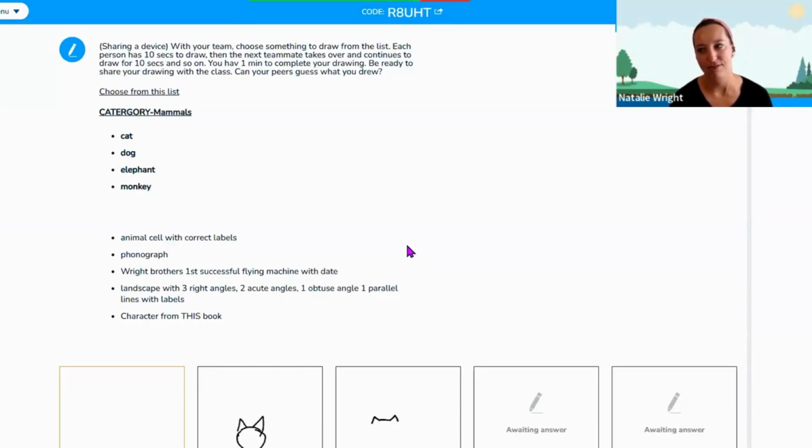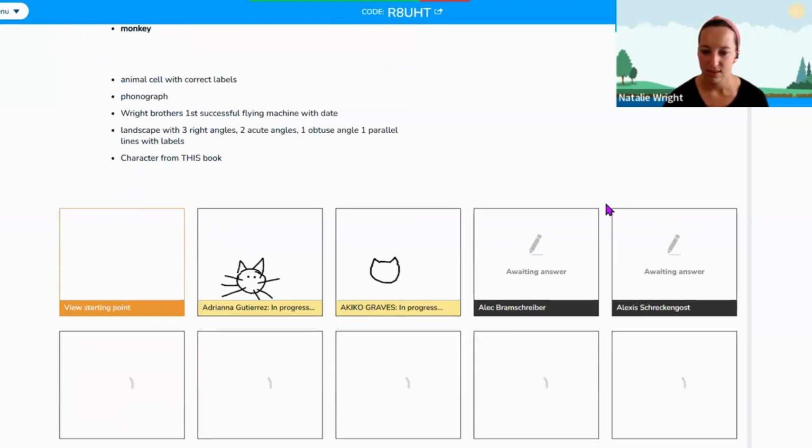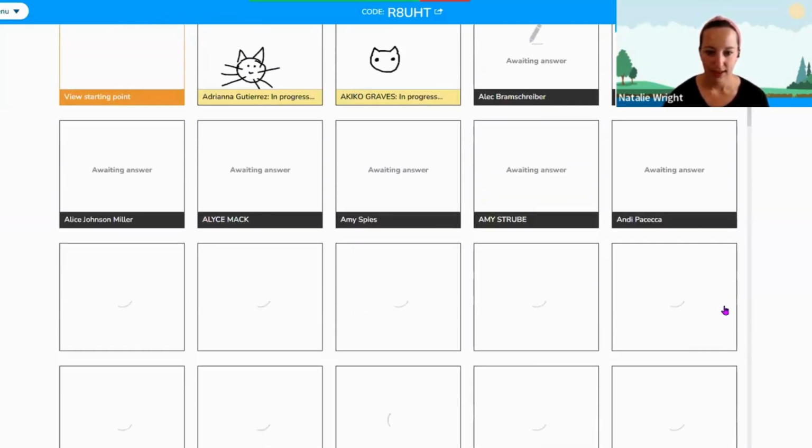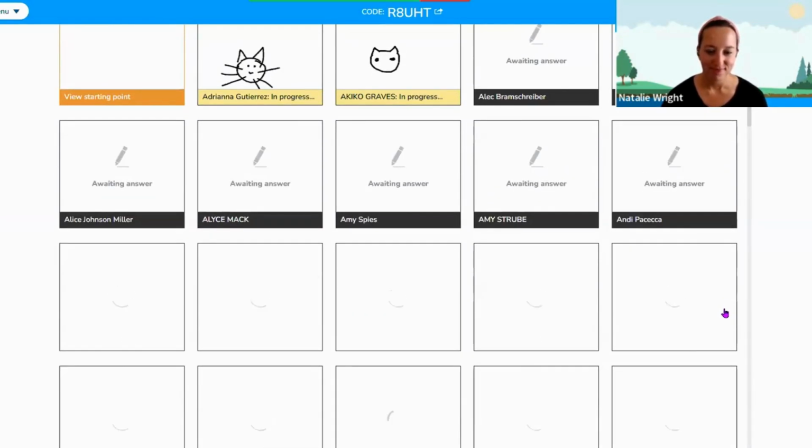My timer is actually set for 30 seconds, but it paused.